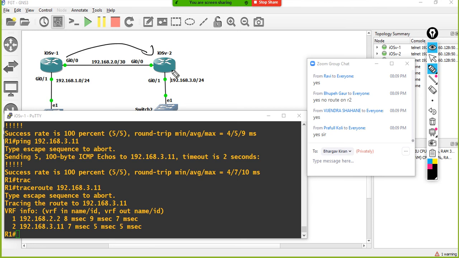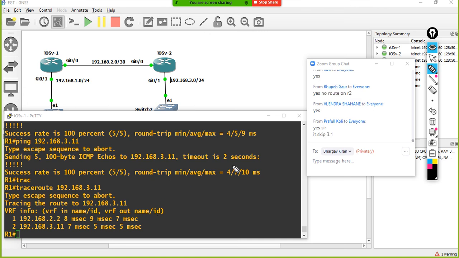Router 2 knows about it. It will forward directly. Yeah, Praful, are you okay? Yeah, Madam Singh, are you okay with this? It's not skipped, man. Because router 2 knows about 3.1 and this. The same router is configured, no. Yeah, Praful.